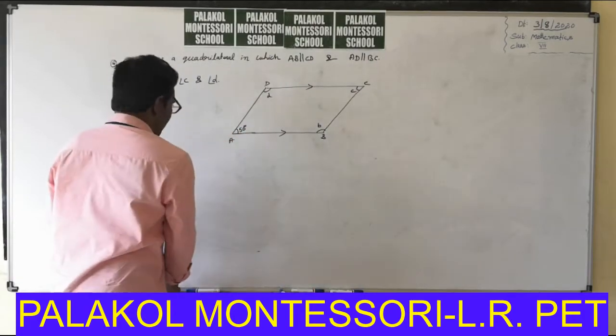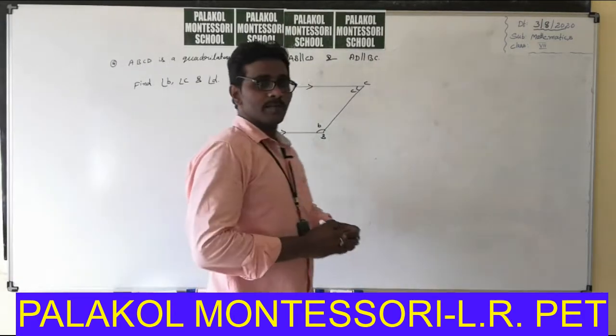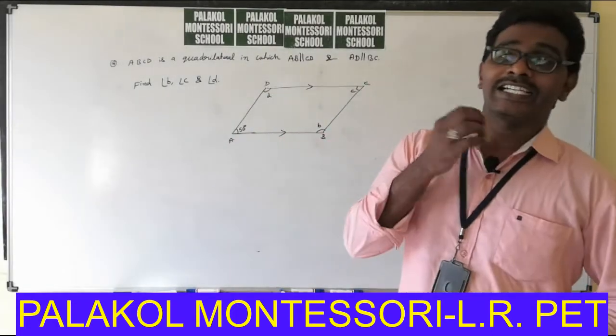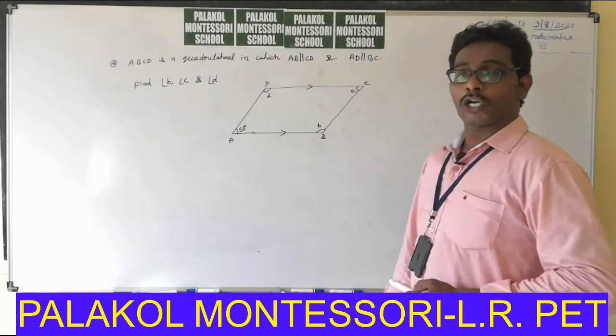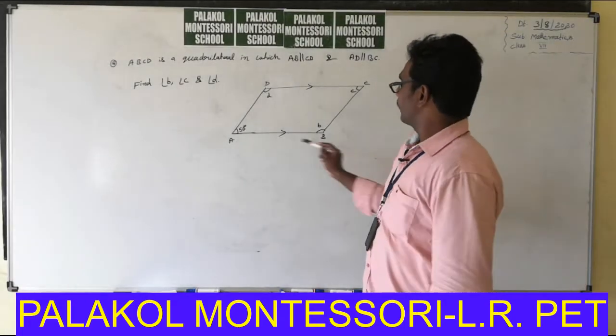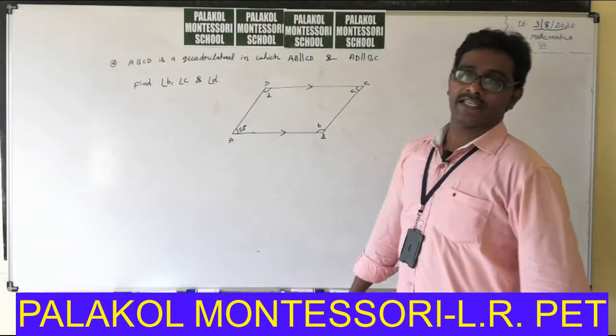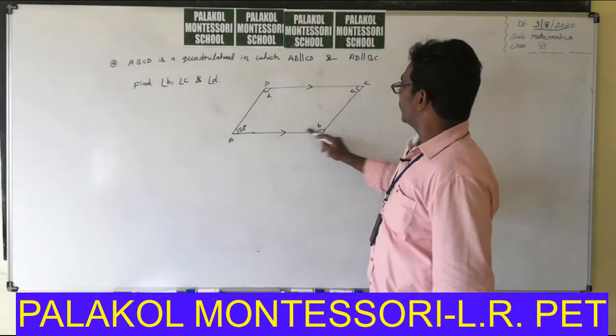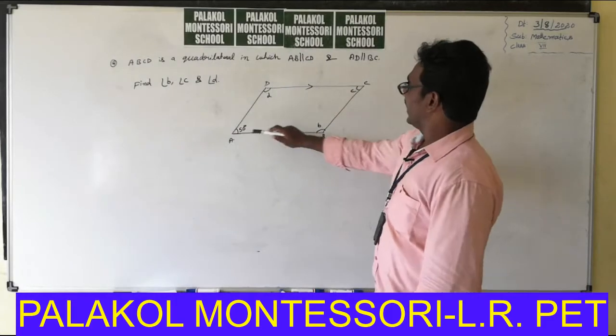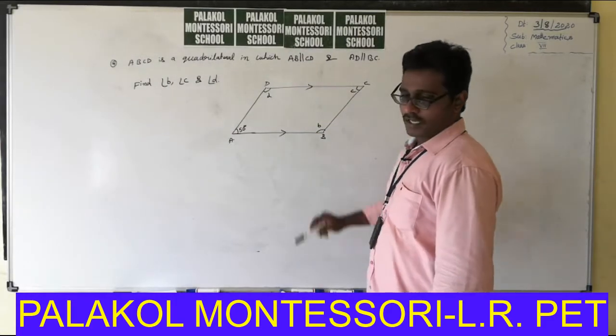Guys, it is also important; it depends on the transversal formula. ABCD is a quadrilateral. In this quadrilateral, AB is parallel to CD, AD is parallel to BC.